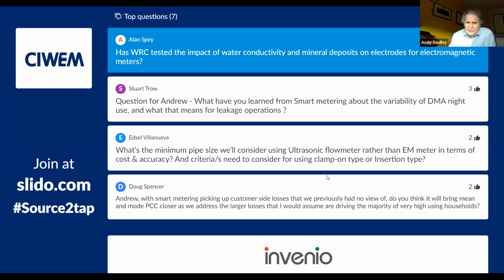I mean, very, very low conductivity waters can affect electromagnetic meters, but you don't generally get very low conductivity in a water distribution network. So generally not a problem. I did hear of some problems with some very low conductivity upland waters on abstraction for raw water use, but I think that's fairly unusual, especially with modern technology. So I don't think conductivity is a particular issue with using mag meters in water supply.